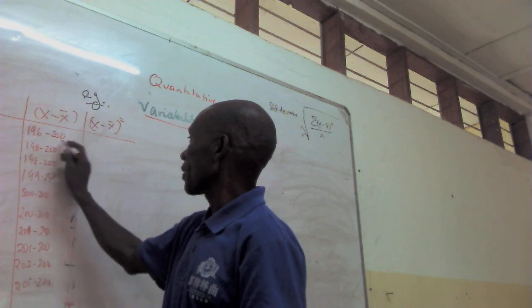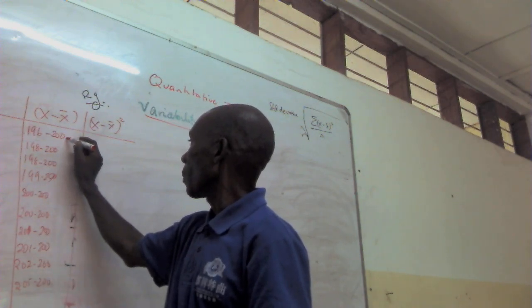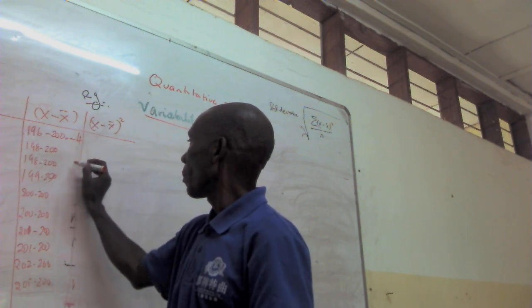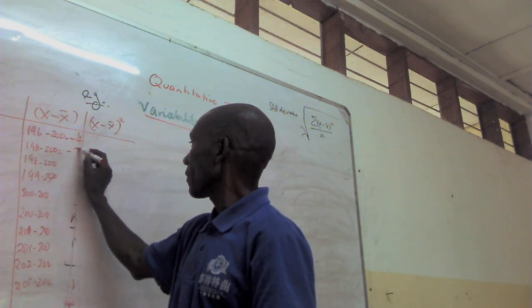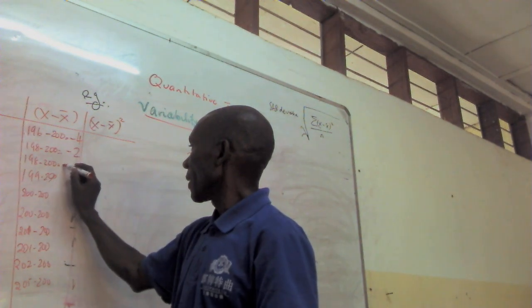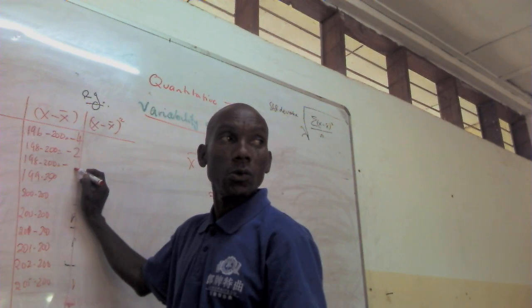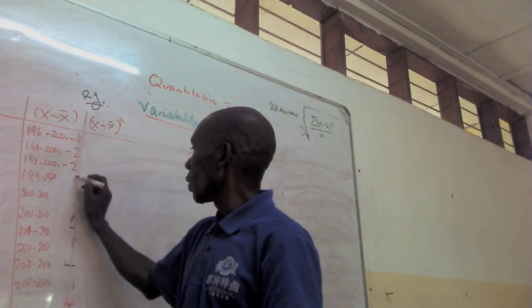The first one here is going to be negative 6, negative 4, negative 4. This one, negative 2, negative 2.